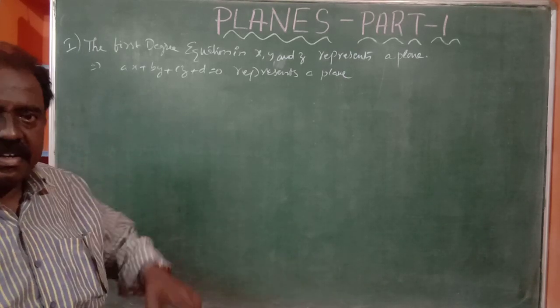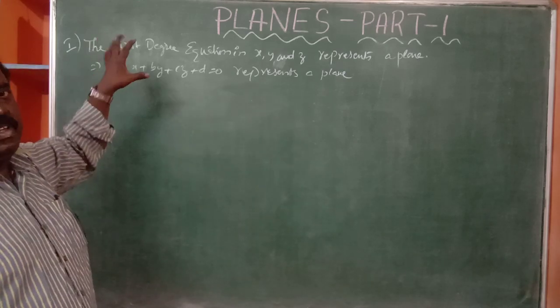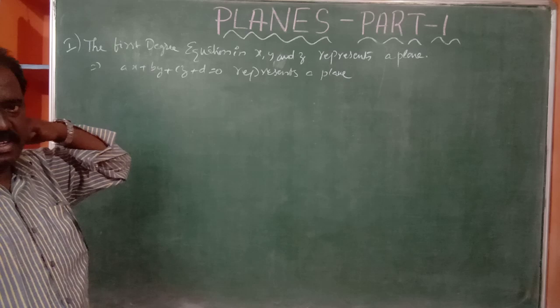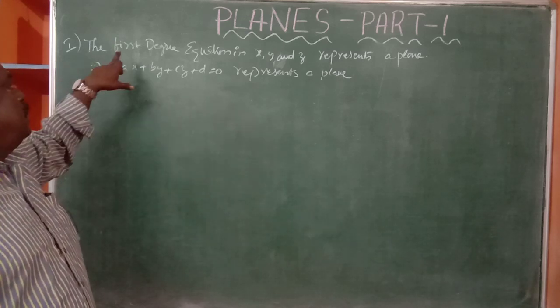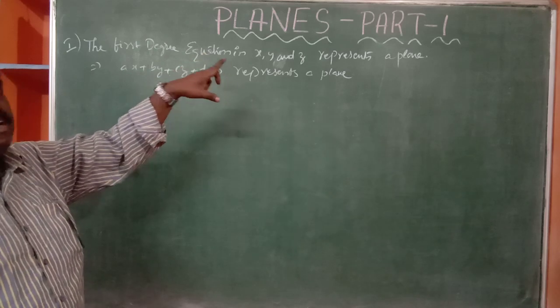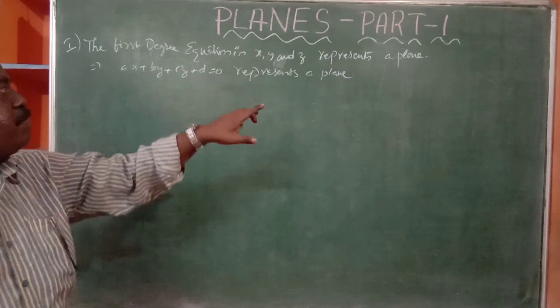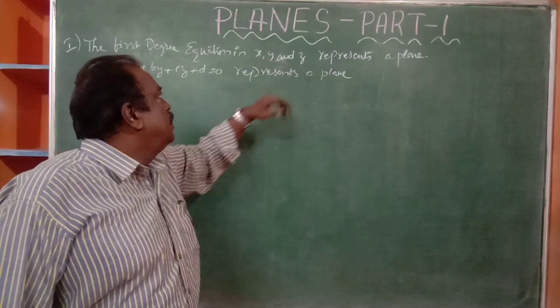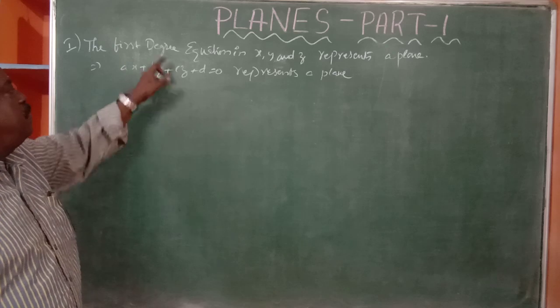That is important. See, the very first theorem. Here, the theorems are very important, theorems with the proofs. The first theorem: the first degree equation in x, y and z represents a plane. First degree equation means x power 1, y power 1, z power 1.